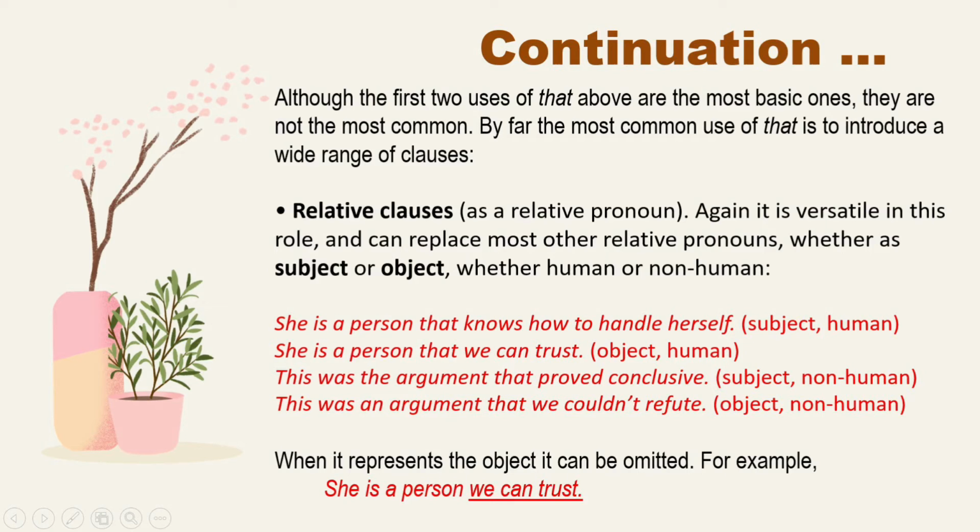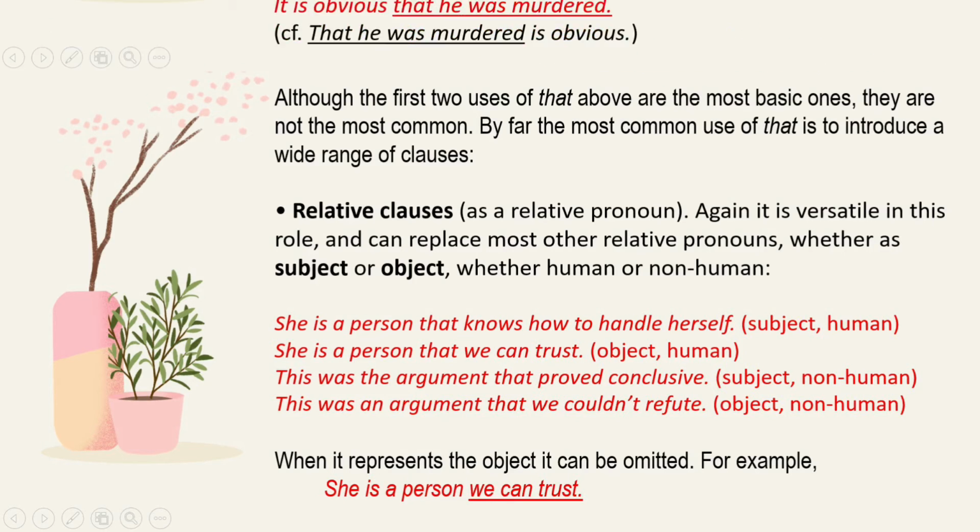And the last is this was an argument that we couldn't refute. And this one is object non-human. When it represents the object, it can be omitted. For example, she's a person we can trust.